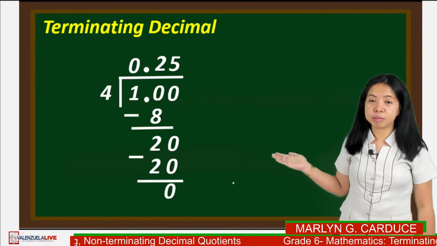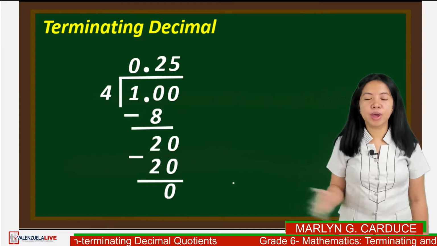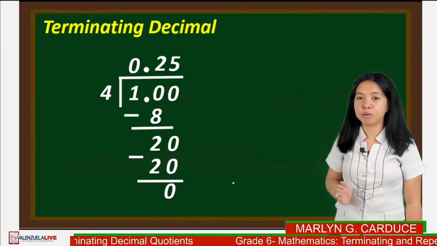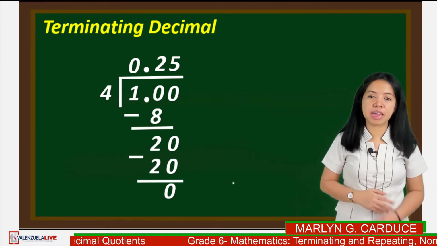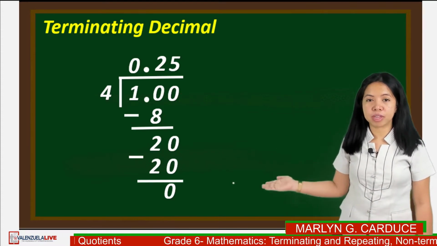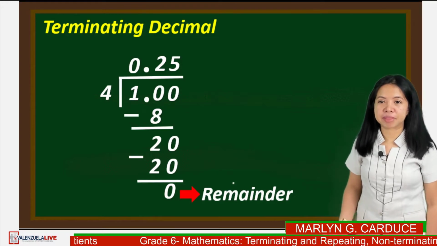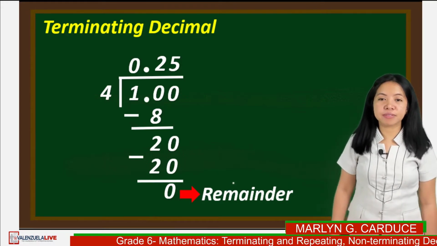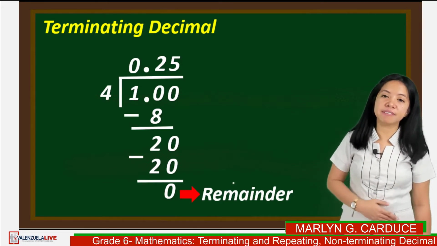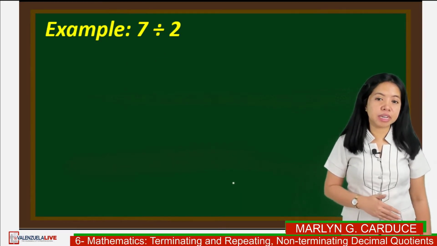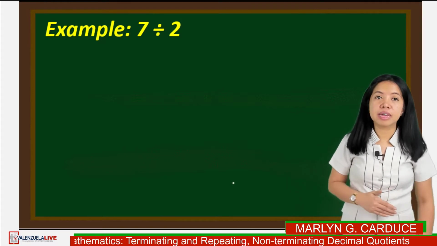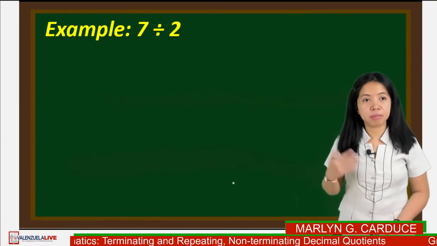So going back to the problem as our example, when we divide 1 by 4, it will give us a quotient of 25 hundredths, and it also has a 0 remainder, wherein the quotient has a finite number of digits after the decimal point. Another example of terminating decimal is when we divide 7 by 2.